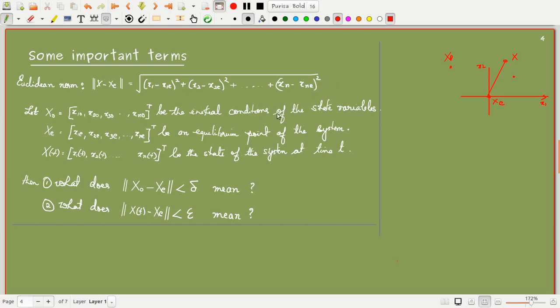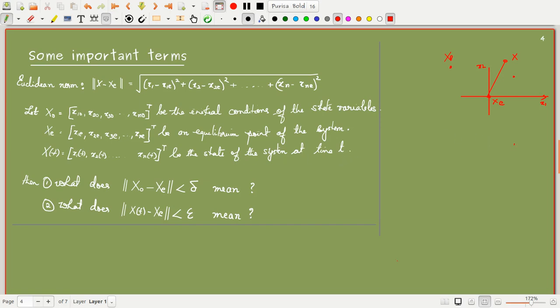Okay, so now let us define some terms. x0 is the initial position of the state variables, and xe is the equilibrium point of the system, and x(t) is the state of the system at any time.